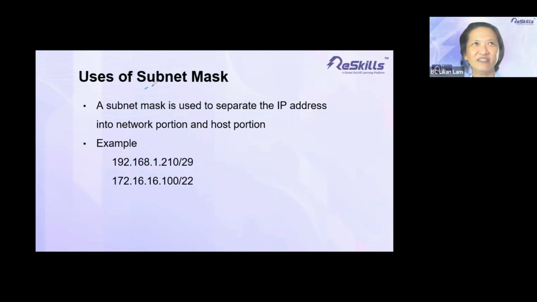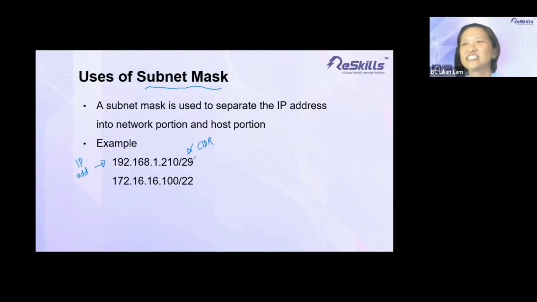Okay. So, just now we said IP address, and an IP address is mentioned together with a subnet mask. So what is the use of this subnet mask? Example: this is the IP address, and I have written the subnet mask in CIDR format.